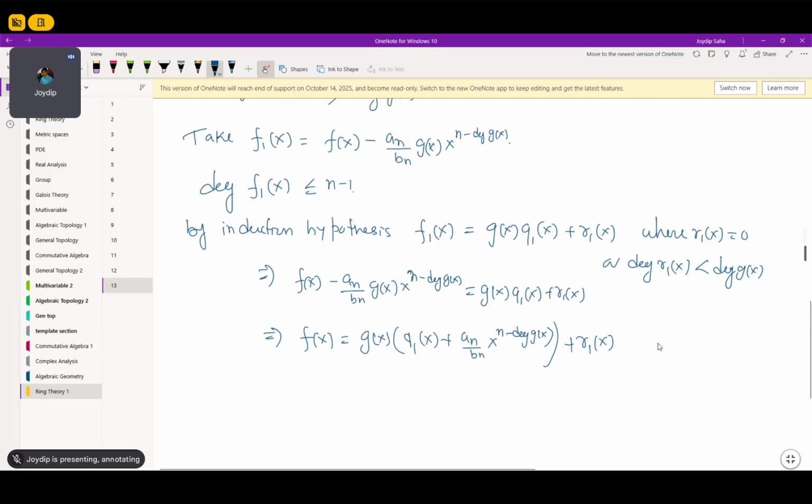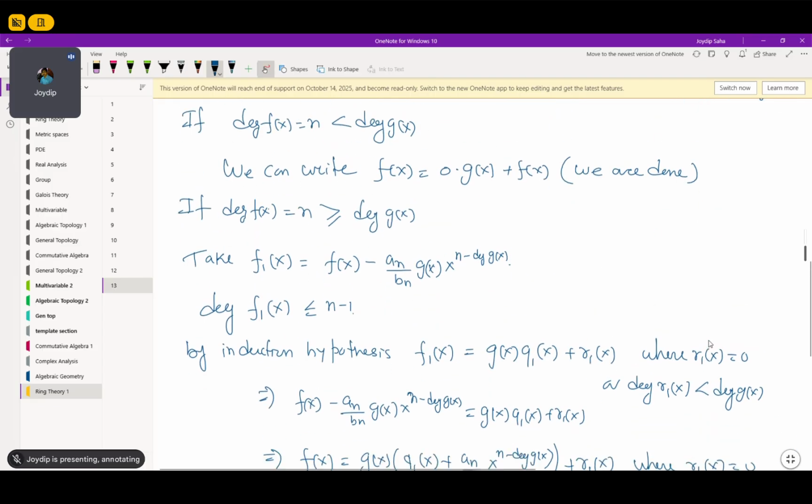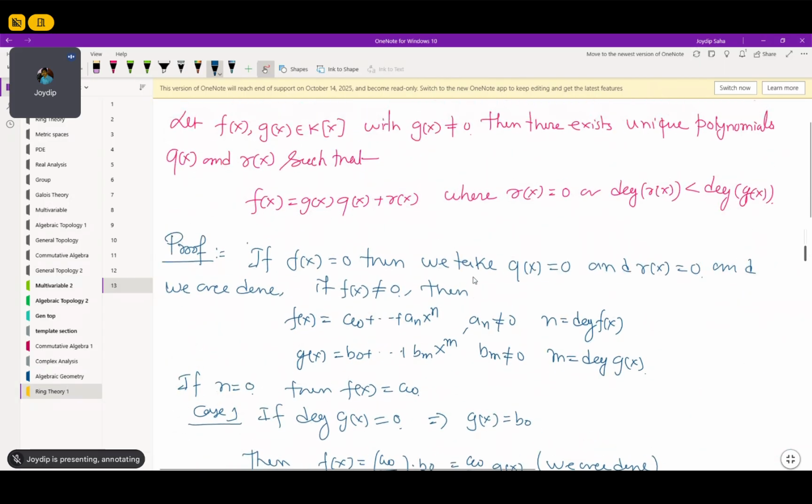Take this as q(x) and this as r(x). Okay, so we can express f(x) as g(x) q(x) plus r(x), where r(x) is 0 or degree r(x) is less than degree g(x). Just the leading term got cancelled here, and this is the technique.